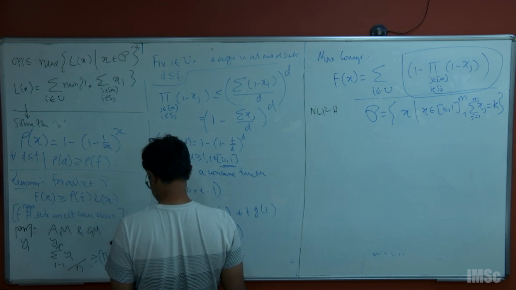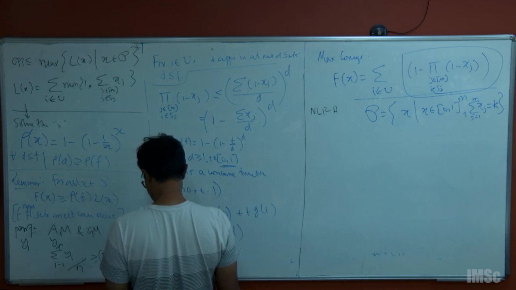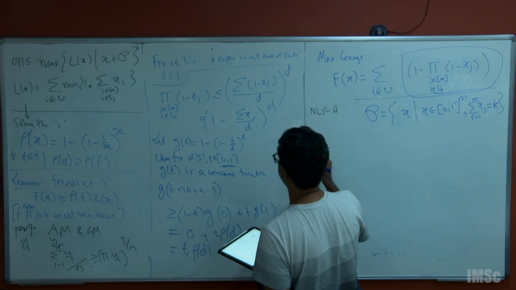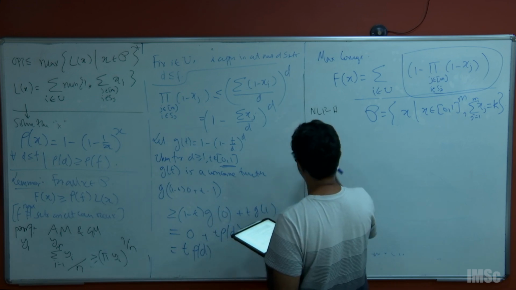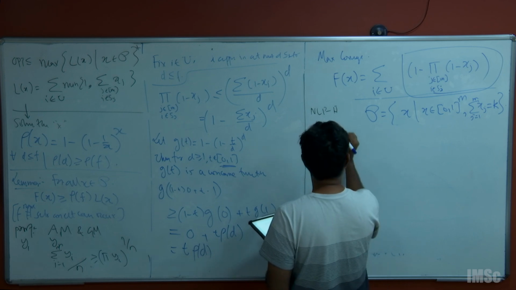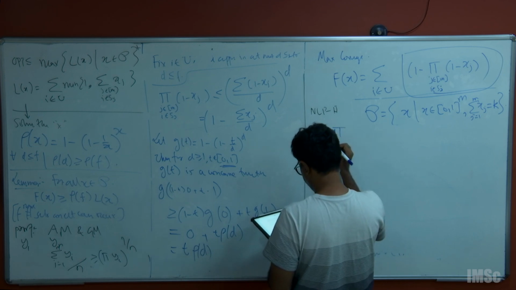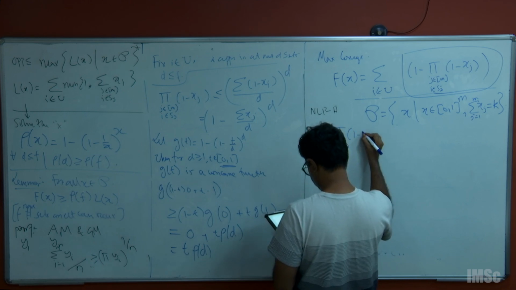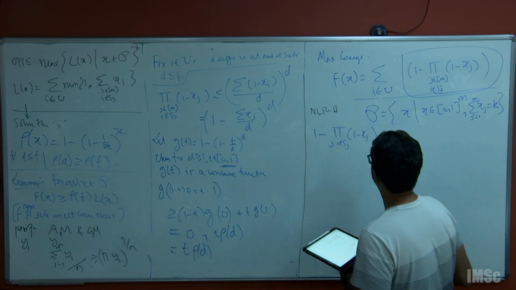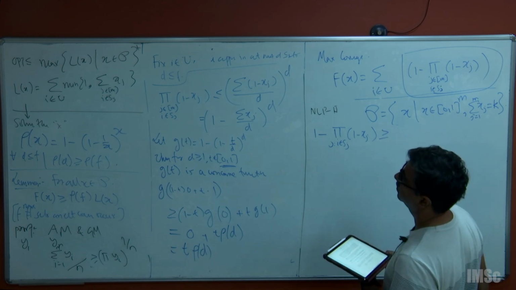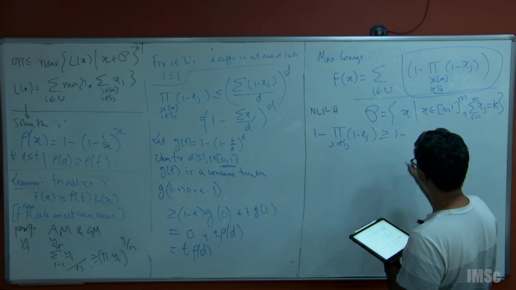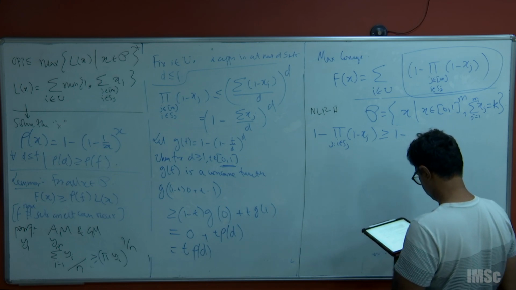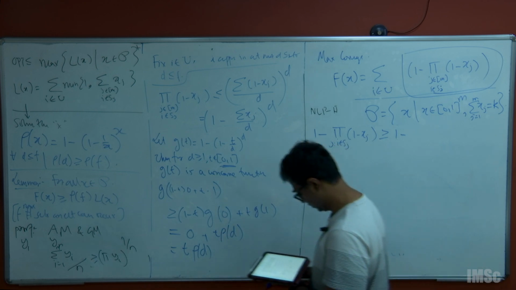Is this fine? Okay. Now, what I wanted to do is... You are right. This is what I wanted to understand. 1 minus product over j in S of 1 minus x j, right? This quantity is at least 1 minus... okay, what should I show here?